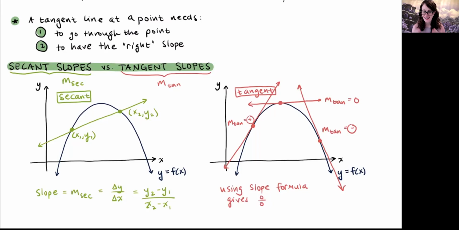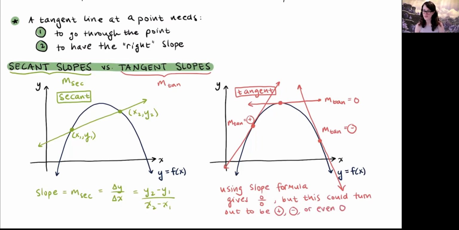So obviously this 0 over 0 could actually turn out to be anything once we develop a better method, compared to our previous formula for slope that unfortunately needs 2 points. Okay, so using the slope formula gives 0 over 0, but this could turn out to be positive, to be negative, or even 0.